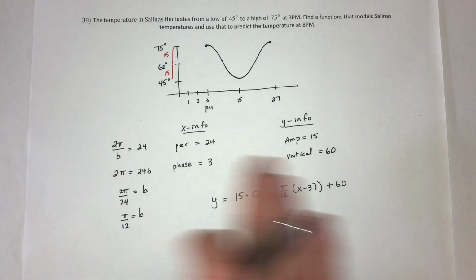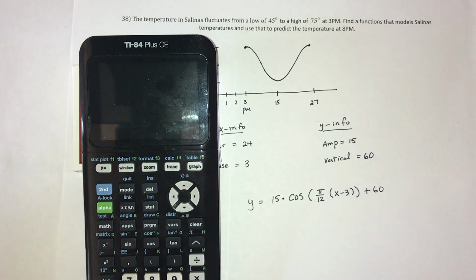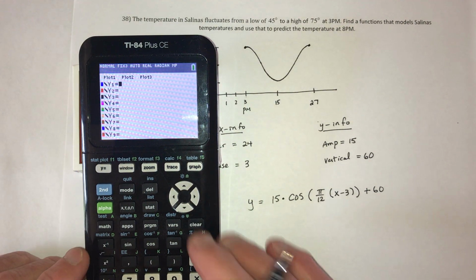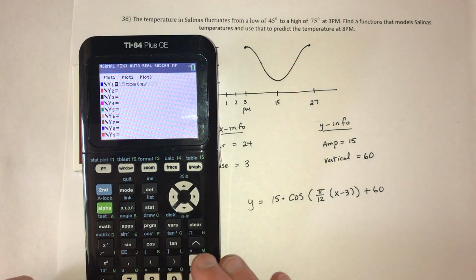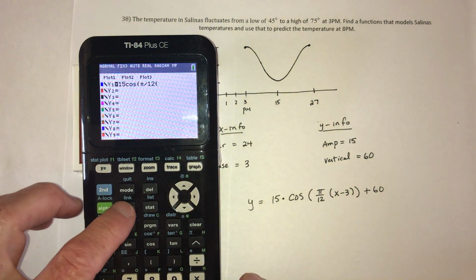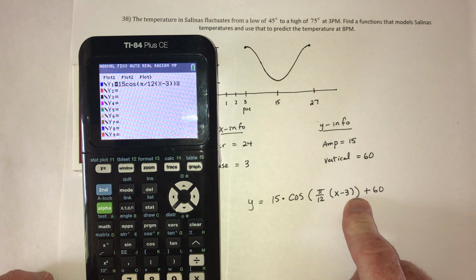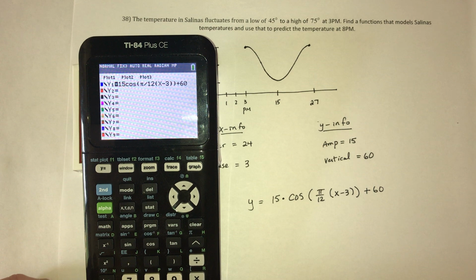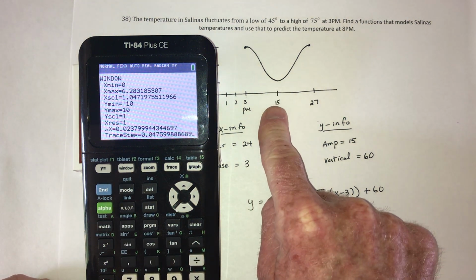Okay, you may have heard this one before. Now let's use the graphing calculator and see if I got it right. 15 cosine of pi over 12. In parentheses, there's an x minus 3. Put 2 parentheses. And then plus 60. Change the window so that it looks like this.